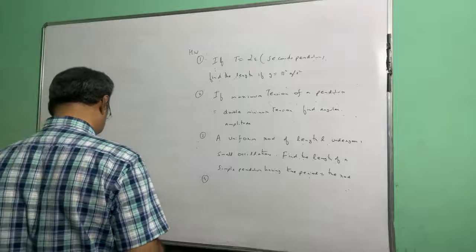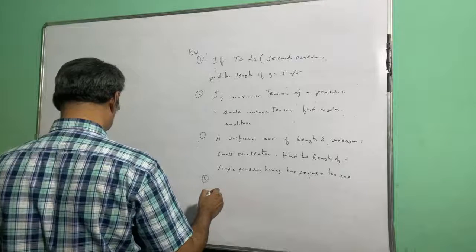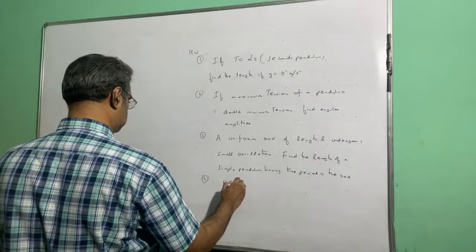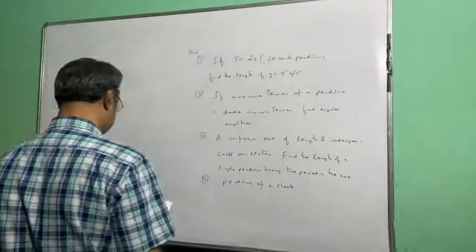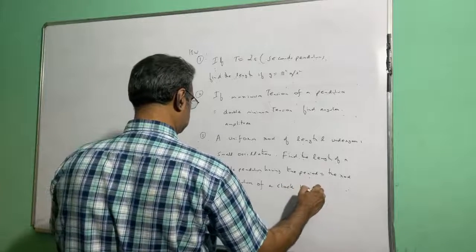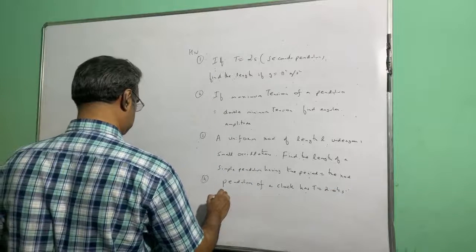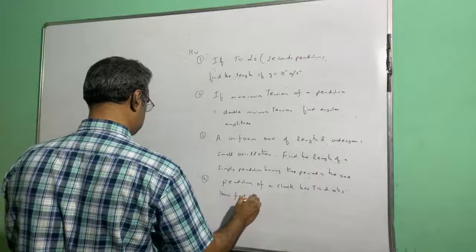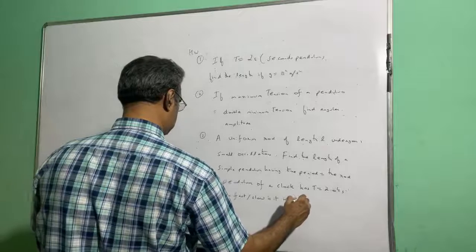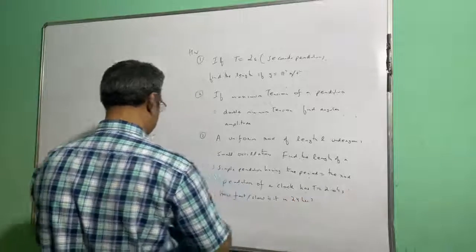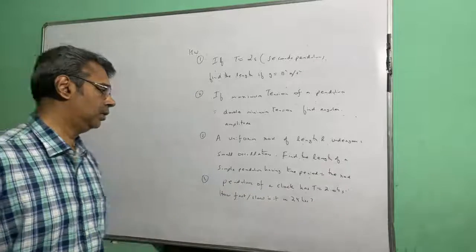Question number 4: the pendulum of a clock has time period 2.04 seconds.